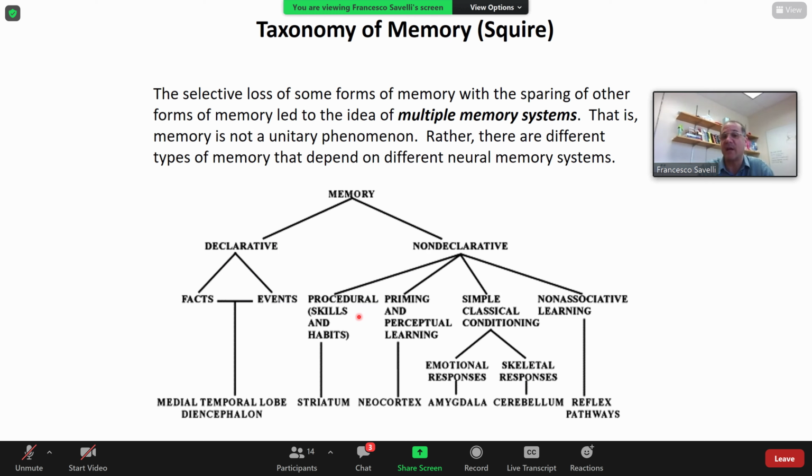from neuroscience of memory. So again, declarative, non-declarative. Declarative means you can consciously recollect this memory, you can declare it. And so facts, events. So what is an event? An event would be like, where did you park your car? What did you have for lunch? Who did you meet yesterday?